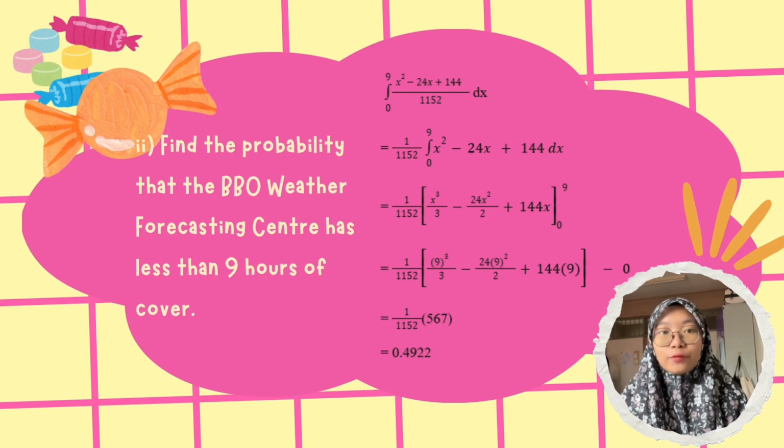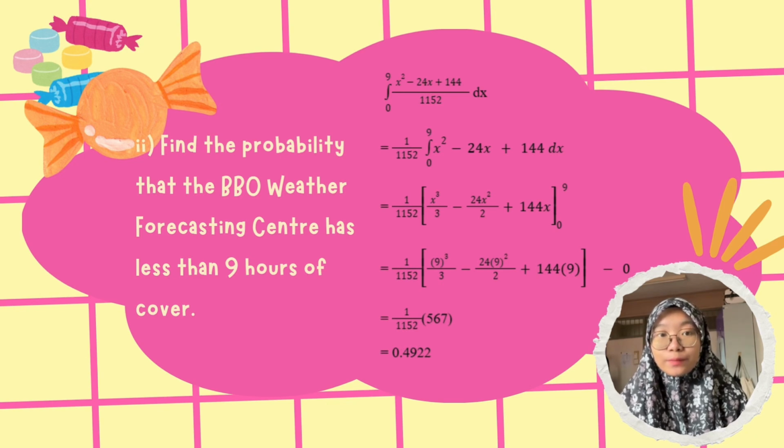Next, we evaluate the result of the integration at the upper limit of 9. We substitute 9 into each of the terms and then we simplify by adding this result together. After simplifying at the upper limit, we subtract the value of the expression at the lower limit, which is 0 in this case.